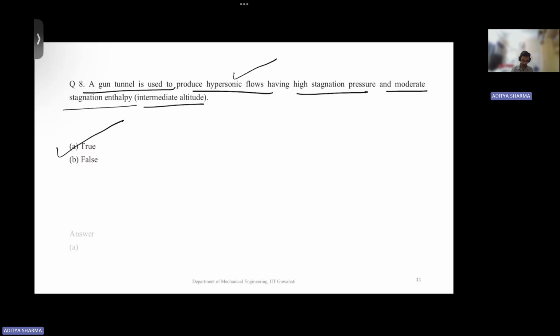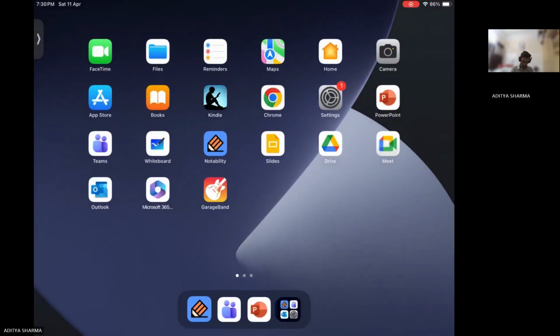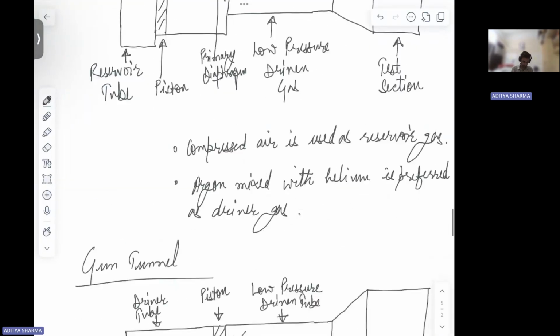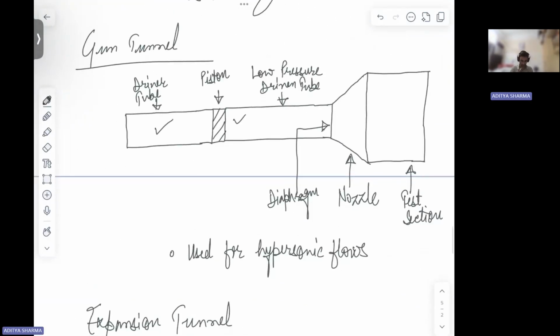This is your gun tunnel where you have a driver tube, a piston, a low pressure driven tube, a diaphragm, then a nozzle, then a test section.